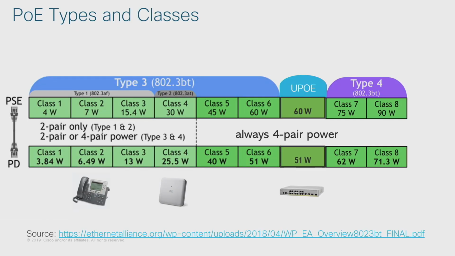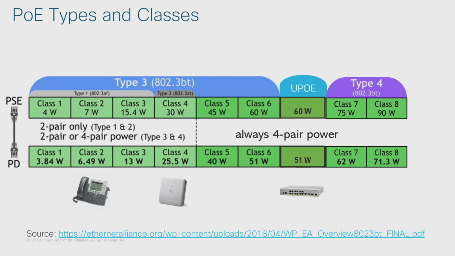Now, before bt was there, there were 4 different classes of devices which could draw up to 30 watts of power. And they essentially formed the 2 types, type 1 and type 2. And then, back in Cisco, we required to power compact switches, which required higher power than 30 watts. So we developed UPOE, which is a proprietary method of delivering 60 watts of power.